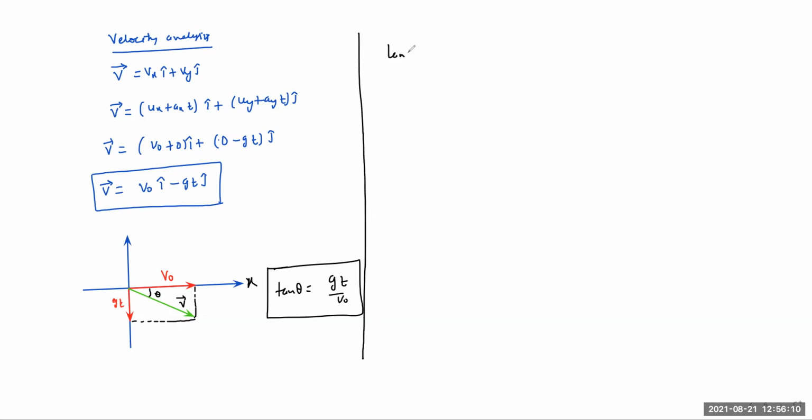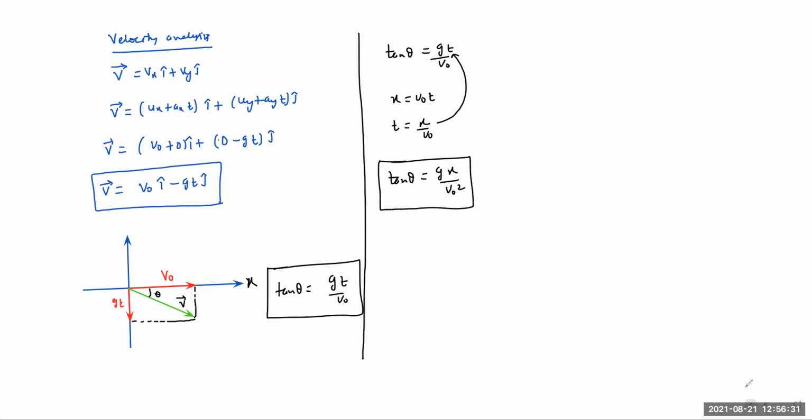In fact, we can derive the other formula from here too, because we know x equals v naught t. So t we can write as x by v naught. If you substitute here, it turns out to be the same answer, gx by v naught square. You can go back and check.